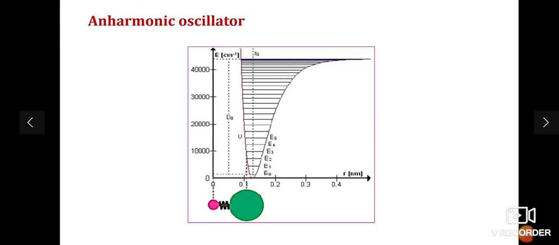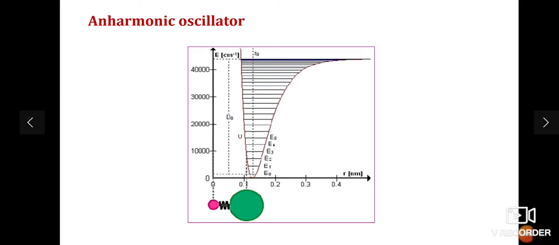You can see the green curve is parabolic, for the harmonic oscillator, and the blue curve is for anharmonicity, and this situation is possible if you raise the energy. Here D naught is nothing but the dissociation energy, and De is the depth of the potential energy minimum.